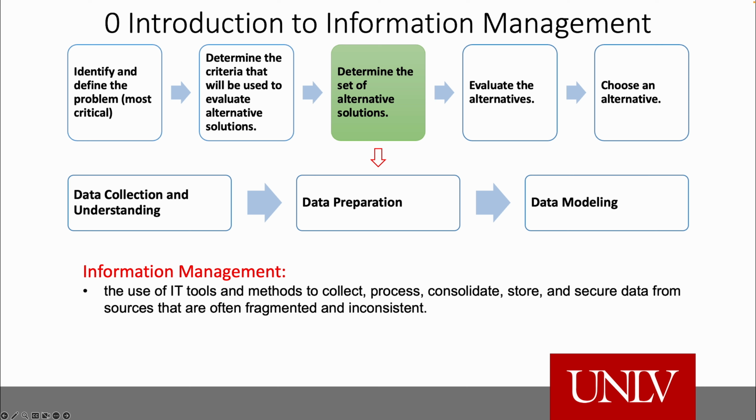To better understand the data flow, you need to understand two important concepts: information management and enterprise data governance. Information management refers to the systematic application of information technology tools, methodologies, and best practices to collect, process, consolidate, store, and protect data, often originating from fragmented or inconsistent sources.